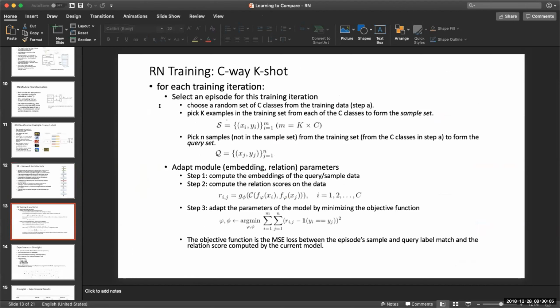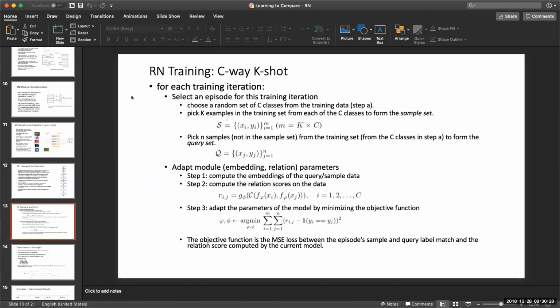So here is the algorithm for training, kind of broken down. The outer loop is a training iteration.